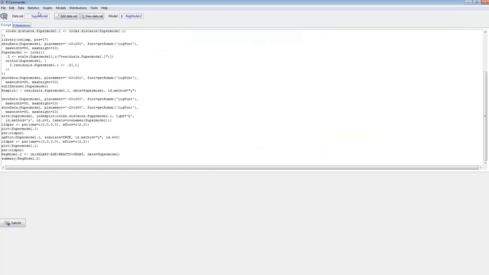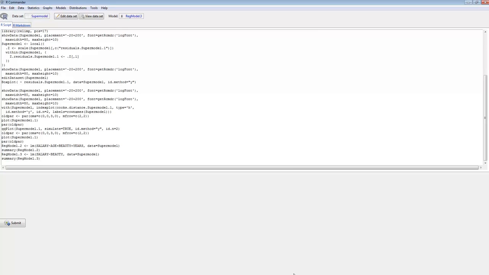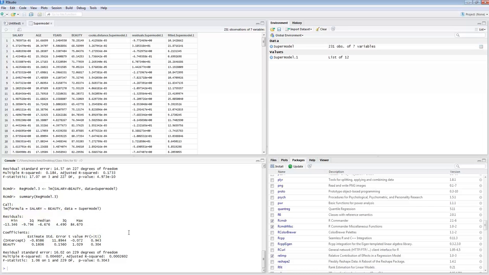Let's go back to our Commander. Let's run statistics, fit models, linear regression, and let's simply select age and beauty, and years has been clicked out of. Let's click on OK and come back to RStudio and look at the output.